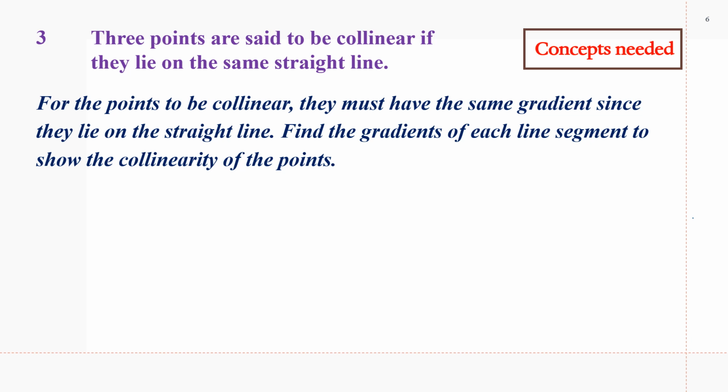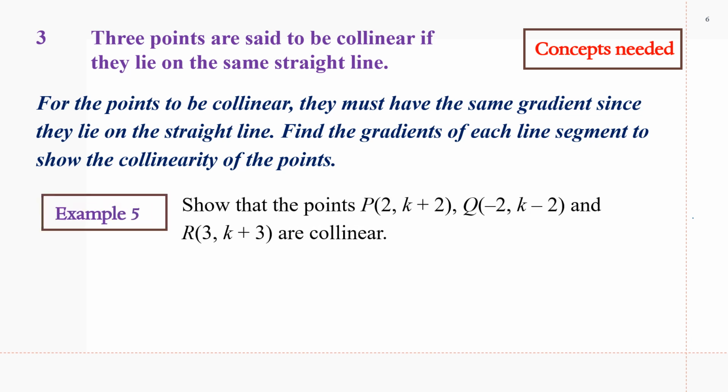So let's look at an example on how we can actually apply this concept. Right. So in this question here, we are asked to show that these 3 points P, Q, and R are collinear. If these 3 points are collinear, it means that the gradient of the line segment PQ will be equal to the gradient of the line segment QR.